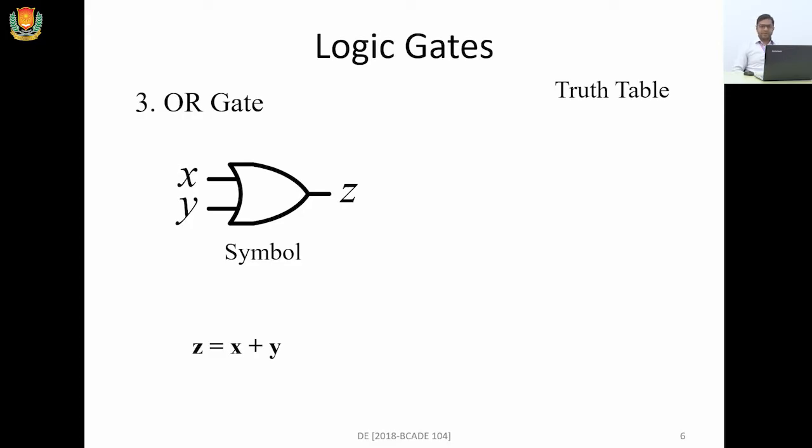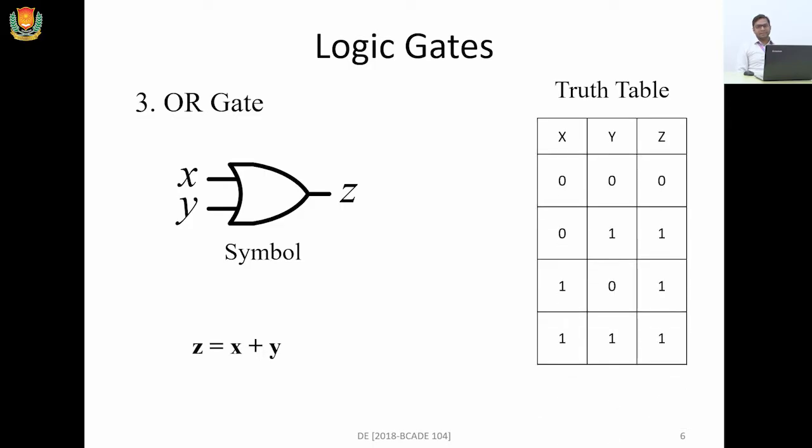plus Y. Okay, the truth table: if we have two variables in input, it means we have four combinations. The four combinations are 0 0, 0 1, 1 0 and 1 1.